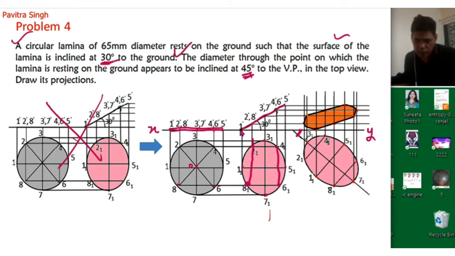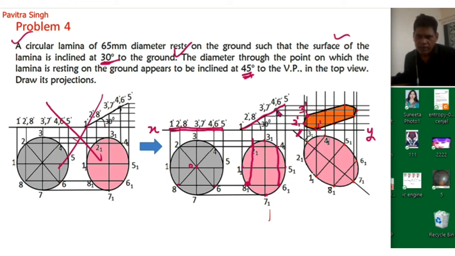Okay, so when we have drawn vertical projection from 1 1 and the horizontal projection from 1 dash, we will get this point, and this will be point 1 1 dash. Vertical line from point 2 1, horizontal line from 2 dash, so this point will be actually 2 1 dash. Similarly, horizontal line from point 3 dash, vertical line from point 3 1, so we will get this point 3 1 dash.